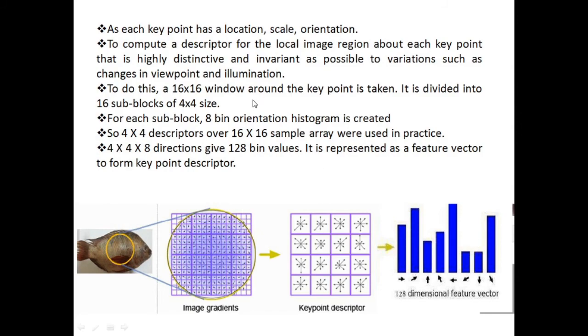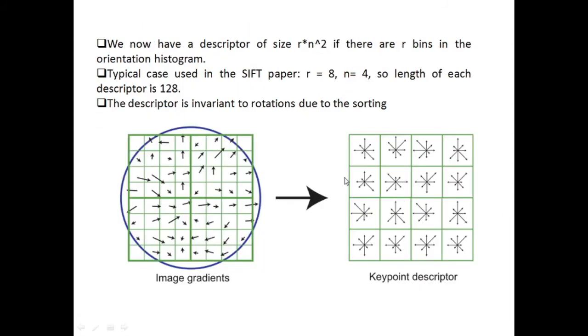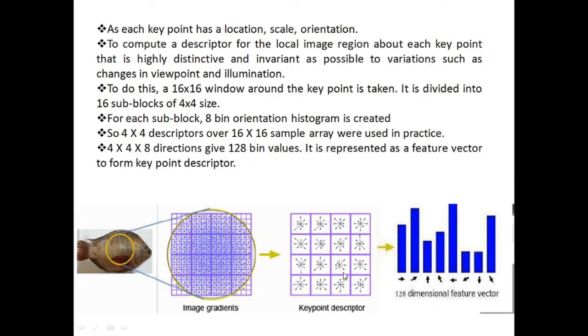So let me recap what we have studied up to now. In the key point descriptor, as each key point has a location, scale and orientation, we compute a descriptor for the local image region that is very distinctive and invariant. Of course this is my final result, the key point descriptor, that is 4 cross 4, that means 16.